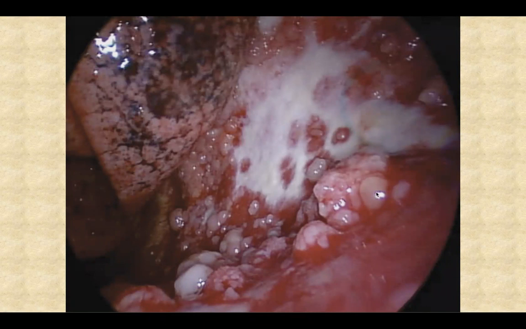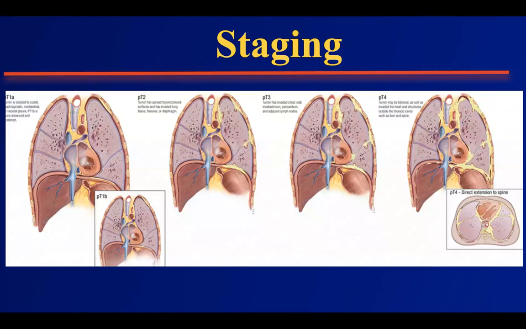And biopsying these lesions can provide diagnosis of mesothelioma in most patients. So how do we stage the patients? Actually, there are T factor, N factor, and M factor. But I don't want to talk about N and M factor, and I don't want to talk about T2, T3, and T4. The most important T factor is T1.